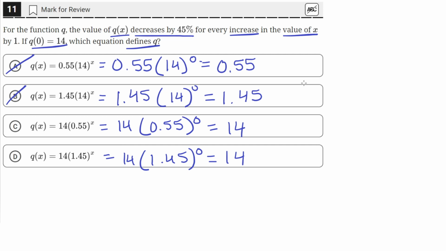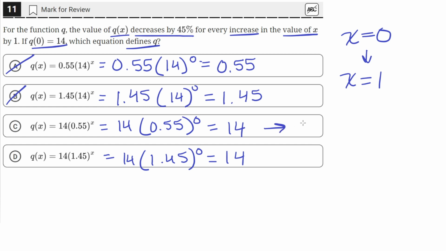When we plug in a value of, say, 0 for x, we get 14 for each, which means that the next value, when we increase x by 1, going from x equals 0 to x equals 1, the value of q of x should decrease. So let's plug in a value of x equals 1 for both answer choice C and D.